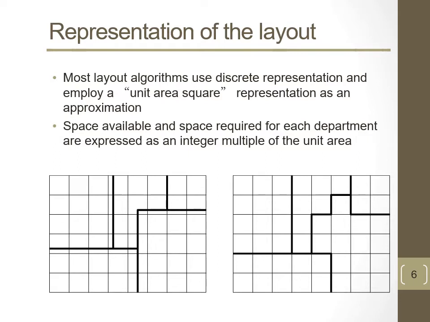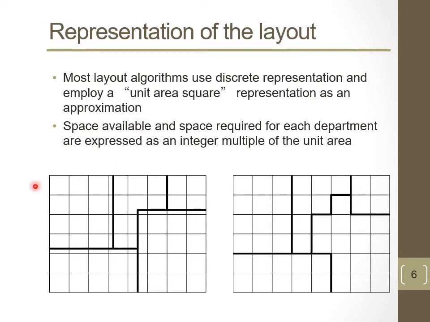And by having these, the departments are represented by integer multiples of these unit areas. So one department can include, for example, five such unit area squares. So it must be an integer multiple. But then there come some problems.